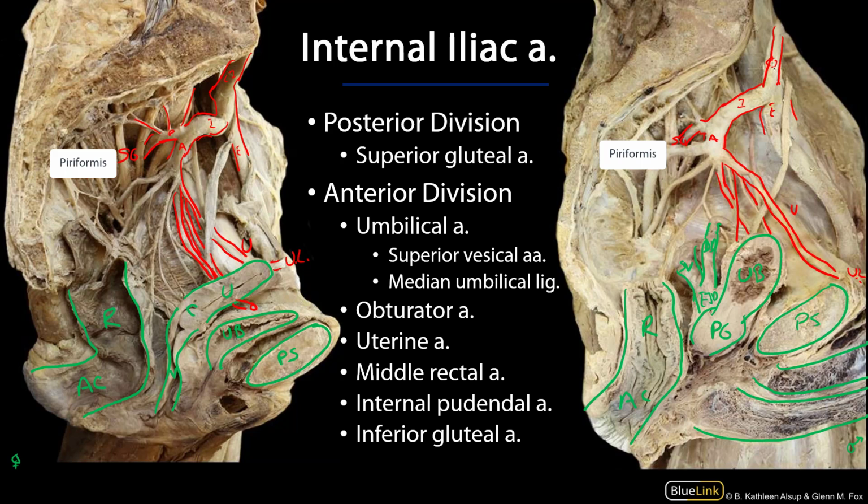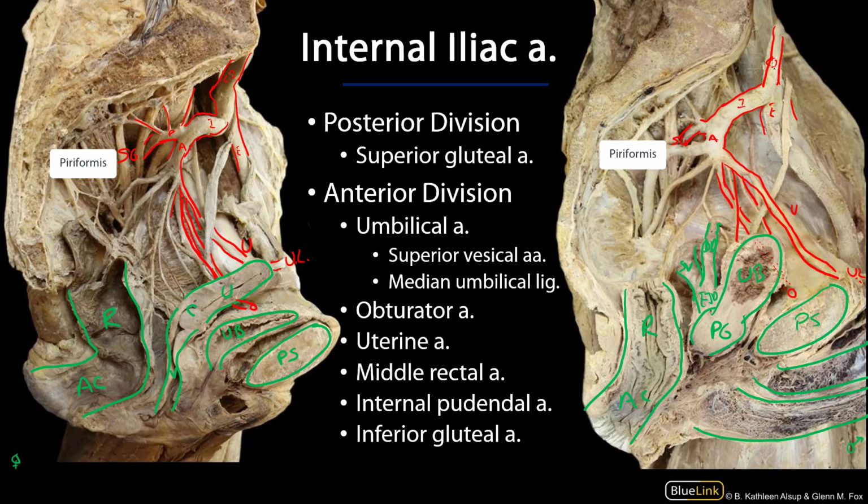So this artery is going to pierce through the obturator internus and externus and head out toward the medial compartment of the thigh, where it serves those adductors of the thigh.